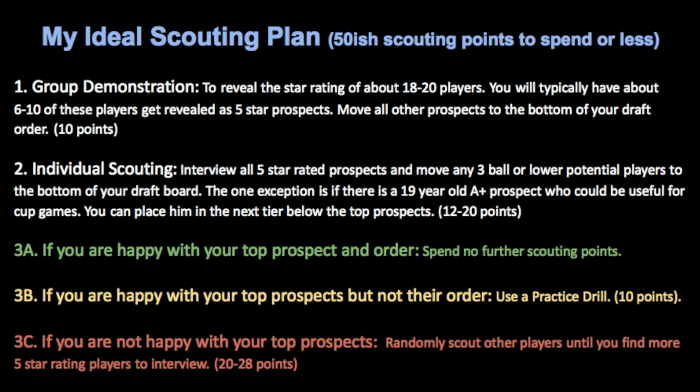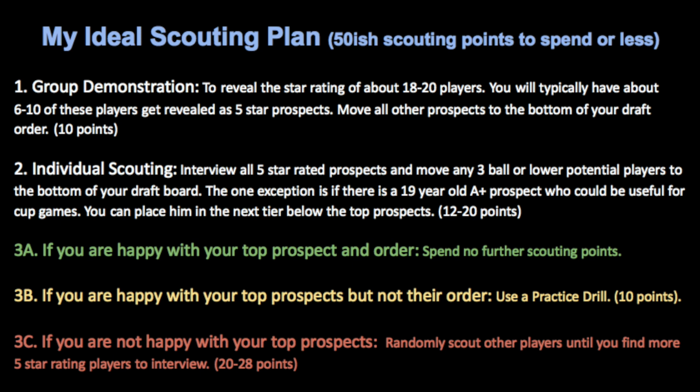As I said, since 19-year-olds can draft with like 75 total skill points, sometimes you can draft a 19-year-old who has really bad potential, but if you're not worried about training them, you just want a cup piece, then they can be really valuable as well. So you can place him in like the next tier below the top prospects, or if you just don't want to worry about picking up a player for the cup, then you can also move them down to the bottom.